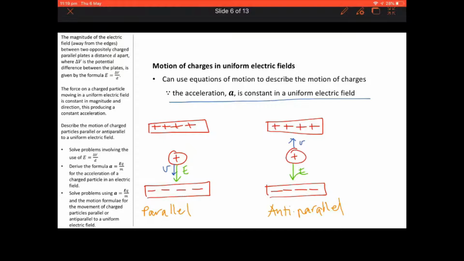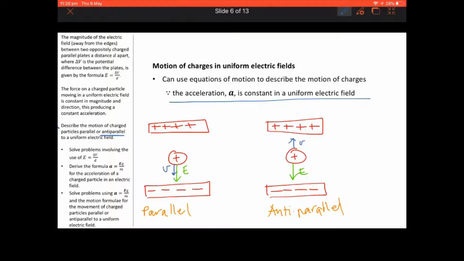I'm not going to rehash the equations of motion because you've got them on your formula sheet, and hopefully they're at the mid to forefront of your mind, given that we use them for projectile motion. What I am going to touch on is parallel and anti-parallel motion, as mentioned in this point here, which you have to be able to do. Again, sorry, that should be indented and dot pointed. That's one of the expectations of stage 2 physics.